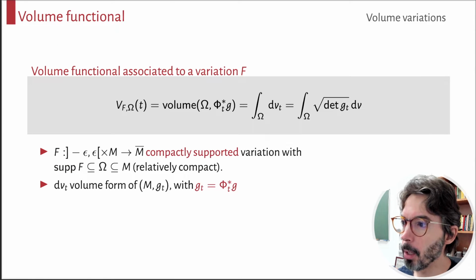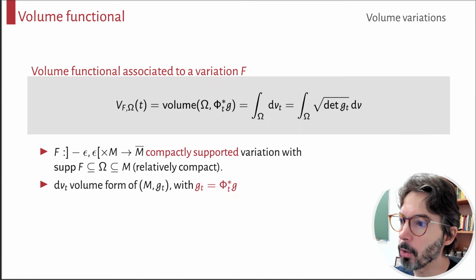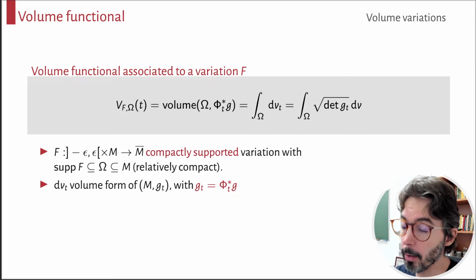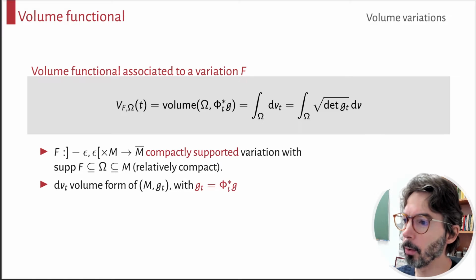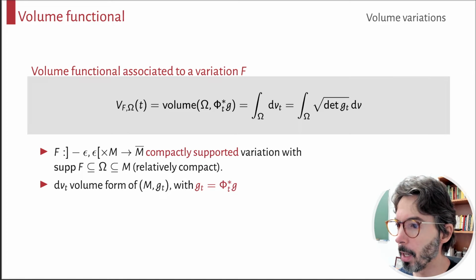So now we can define the volume functional associated to a variation, that is a functional depending on t, and is just the volume over a relatively compact domain omega containing the support of the variation of the new immersion phi t. Okay, so it is possible to write down that functional as the integral over omega of the square root of the determinant of the metric.